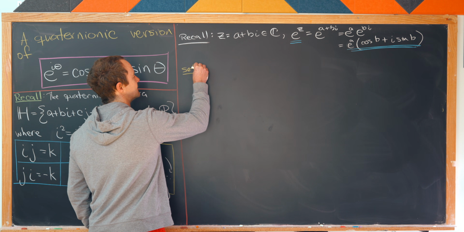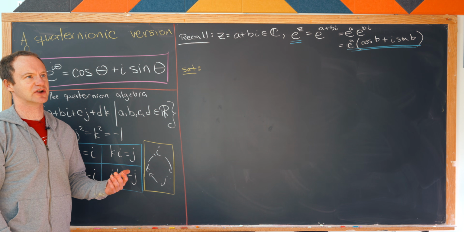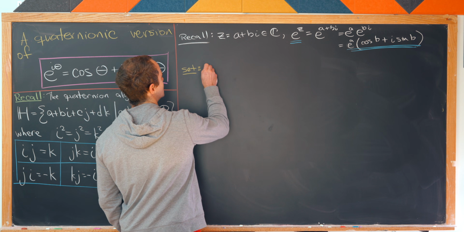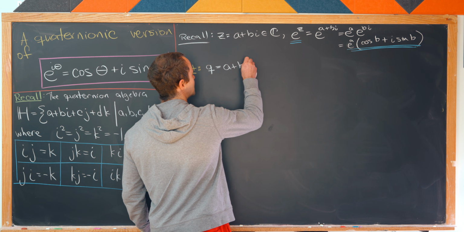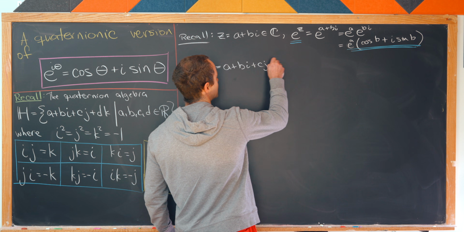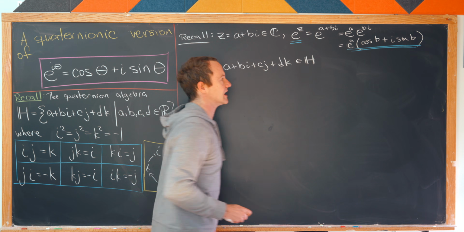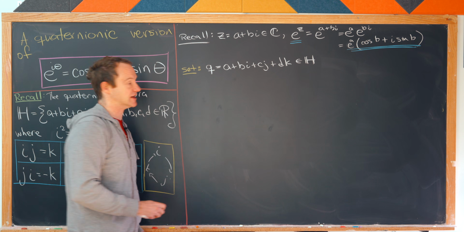Instead of using a letter z or a letter w, which is generally reserved for complex numbers, let's use a letter q. So let q be a plus bi plus cj plus dk, and we're thinking about this as a quaternion.